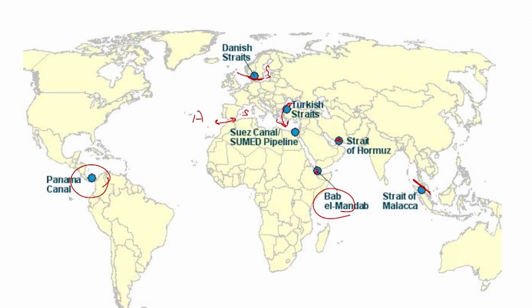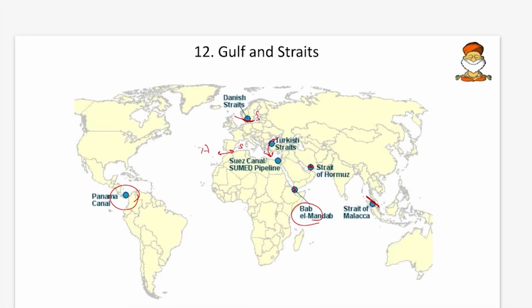A question will always be asked, like which strait separates the Bay of Bengal and the Malaysian Sea. The Strait of Malacca is the answer. Or which strait separates the Mediterranean Sea and the Black Sea. The Turkish Strait is the answer. Or which strait separates the Mediterranean Sea and the Atlantic Ocean. Such questions have always come, so make sure that you are thorough with that.